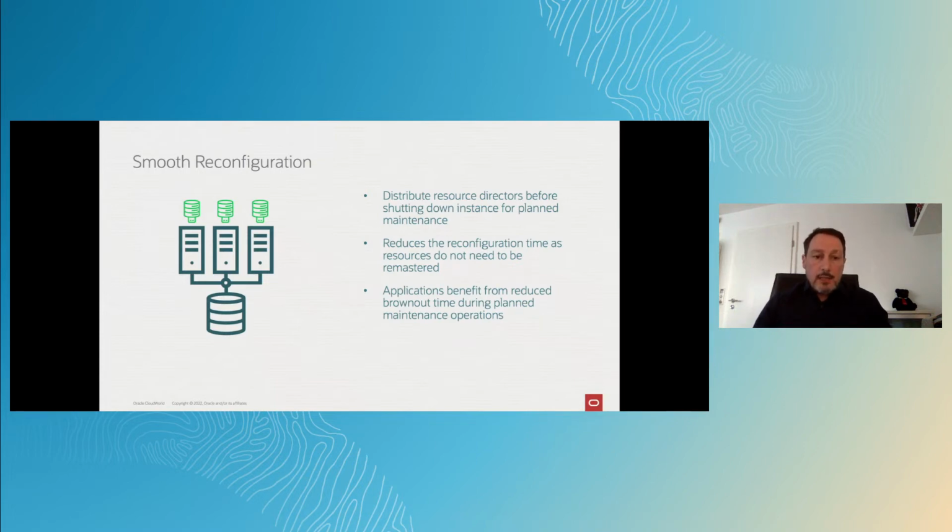So what we changed in 23c is the way planned maintenance is working. When we look at the resource directors, which are managing the blocks and the consoles, then what essentially happens when we now shut down a node is that before the node is shut down, the resource director gets remastered to the other node already.